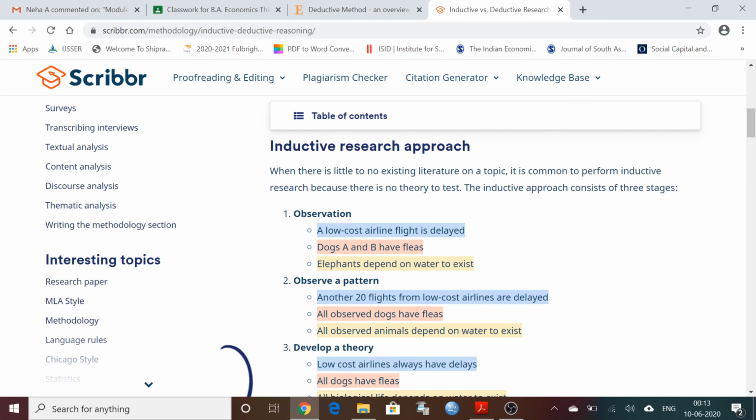See, in the deductive method, we have a problem, and information is collected on the basis of that. There are supporting documents relating to your problem, so you can formulate a hypothesis based on that. The hypothesis can be tested.